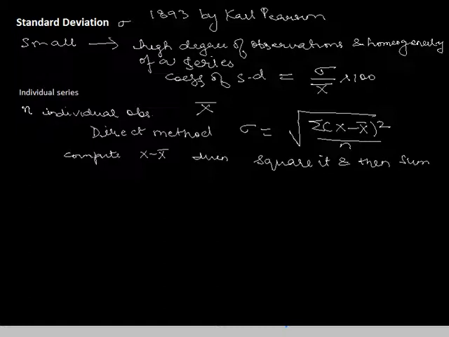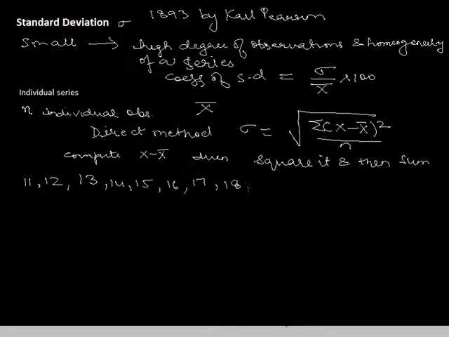For example, if you have a data series like this: 11, 12, 13, 14, 15, 16, 17, 18, 19, 20, 21. Okay, now what is x bar?